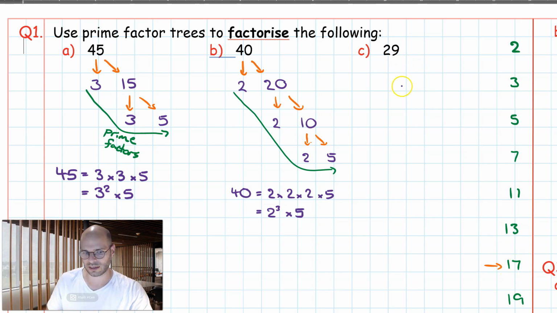And because of that, what I decide is that 29 is a prime number. So it actually belongs on this list over here. So that's as factorized as it's going to get with these three numbers. So question 1 complete.